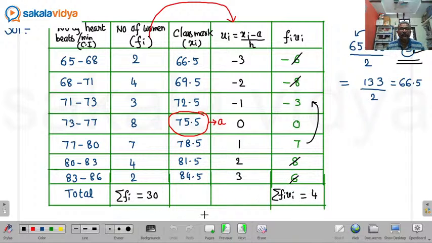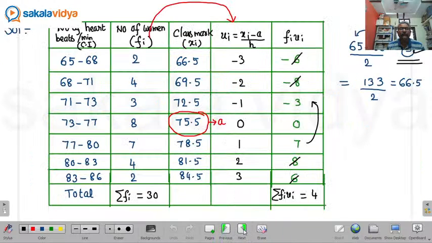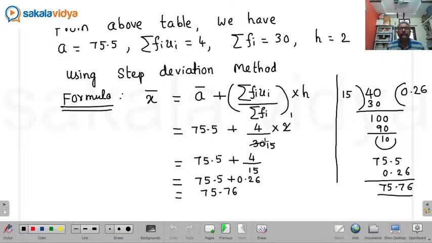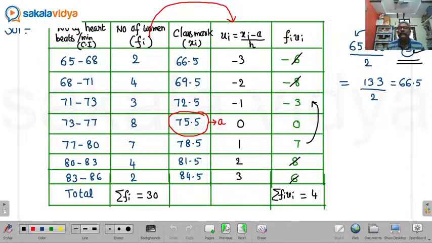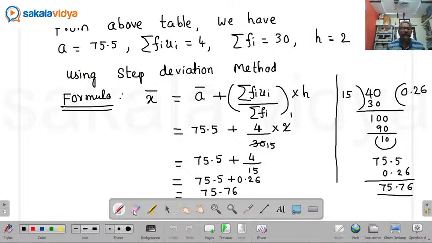This is 30. Next, the previous page. So h is, sorry, h is 3. Wait one minute, I made a mistake here. h is 3.